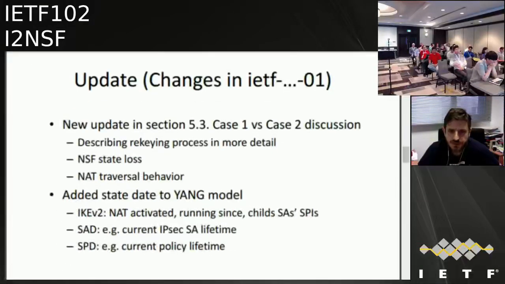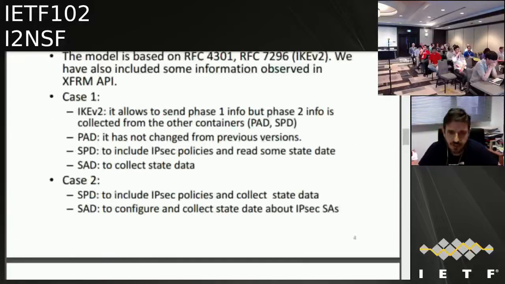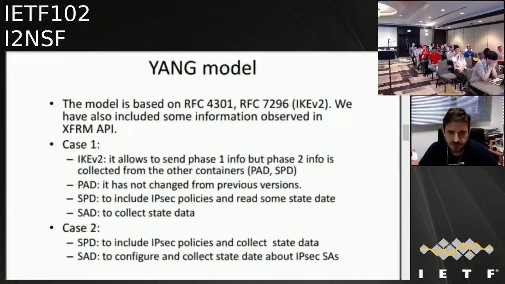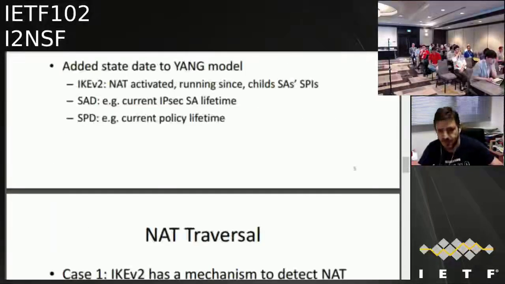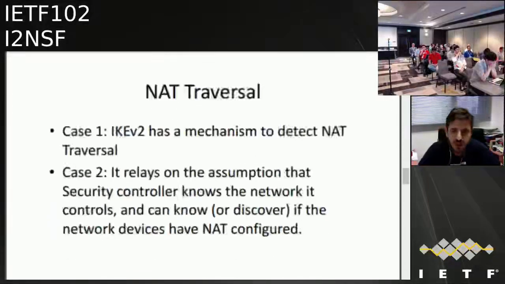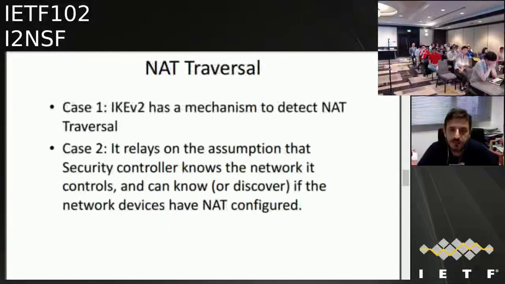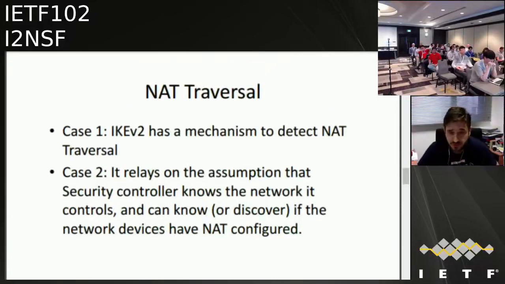So here are a few slides about NAT traversal. This is an update. The configuration for NAT traversal is, in case 1, fairly easy, because IKE version 2 is in the NSF and has a mechanism to detect NAT traversal, so little configuration there.